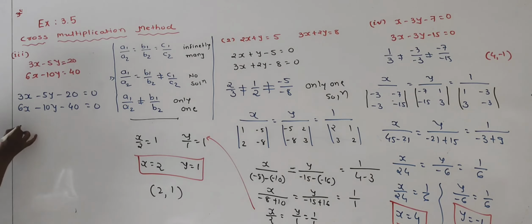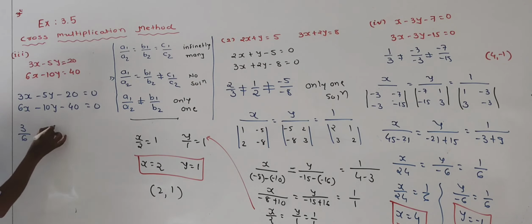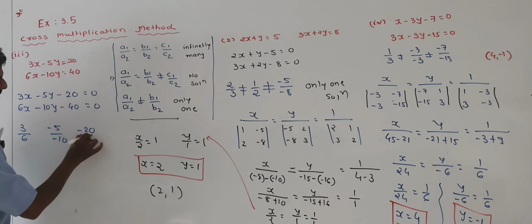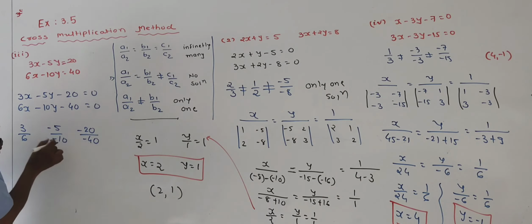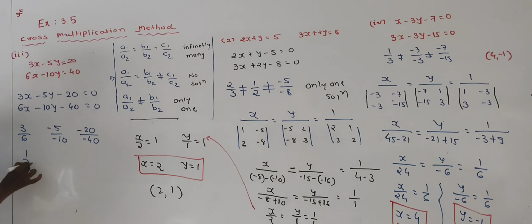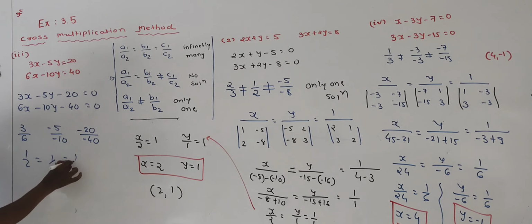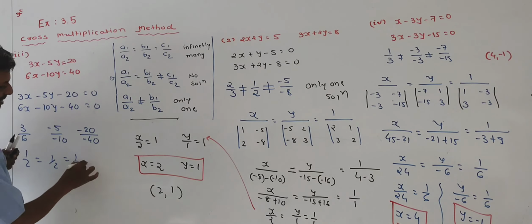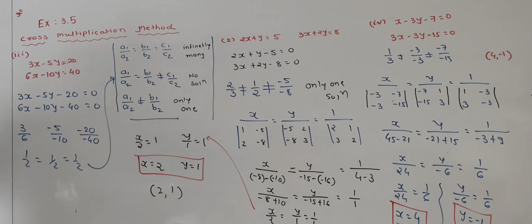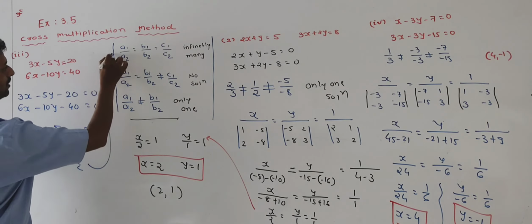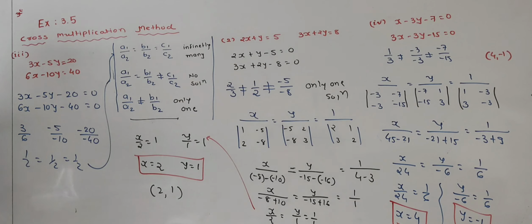Here 3 by 6, minus 5 by minus 10 and minus 20 by minus 40. So this is 1/2 is equal to 1/2 is equal to 1/2, which means infinitely many solutions will be there.